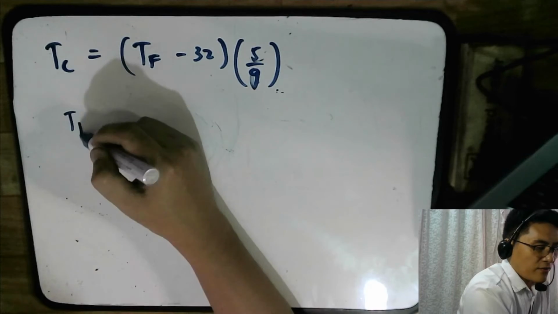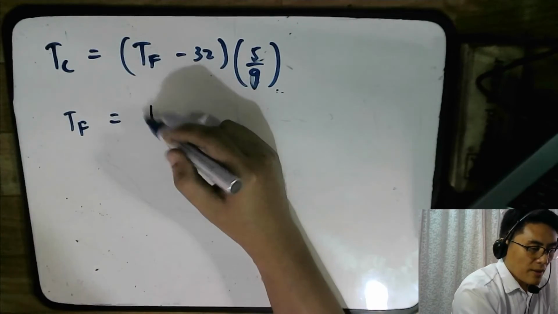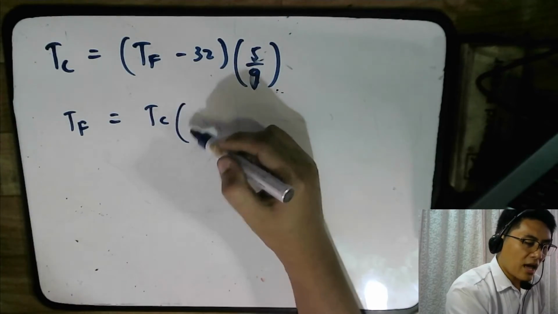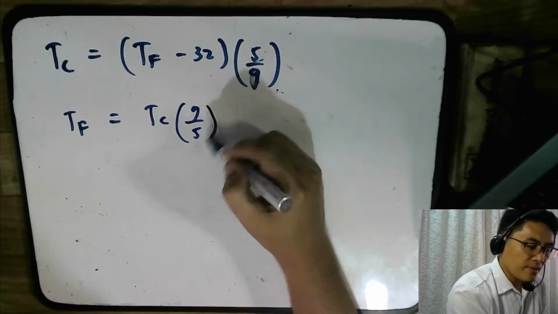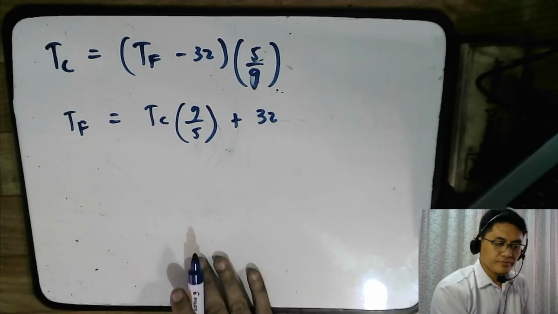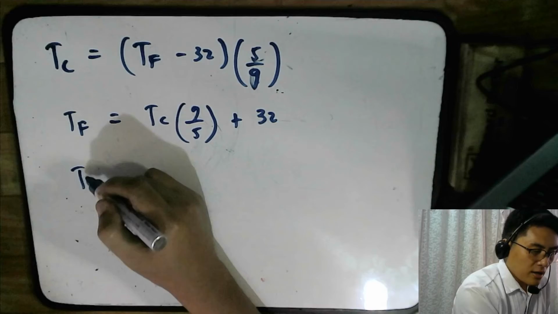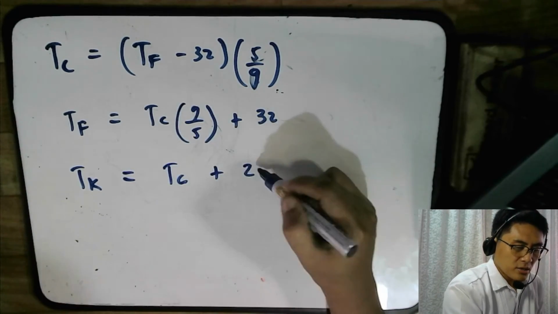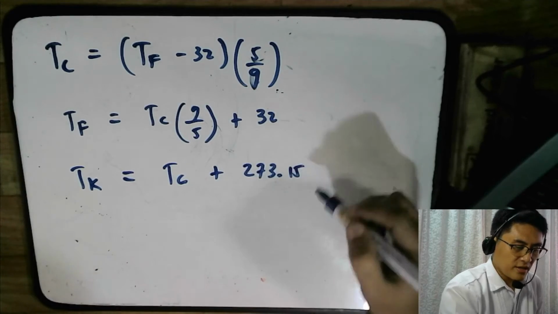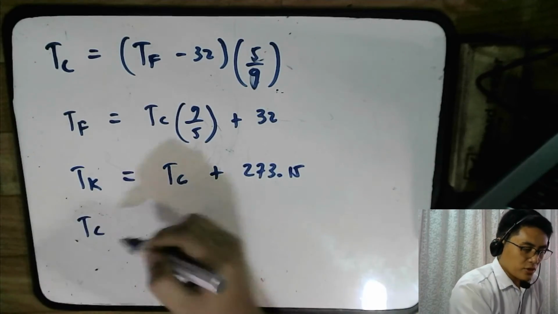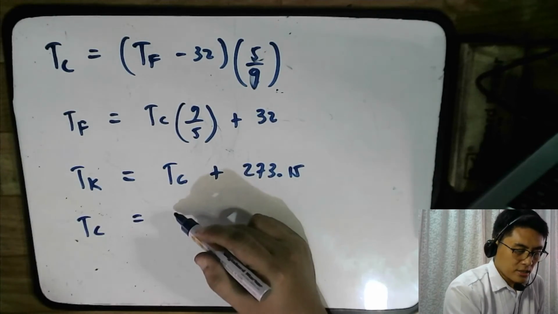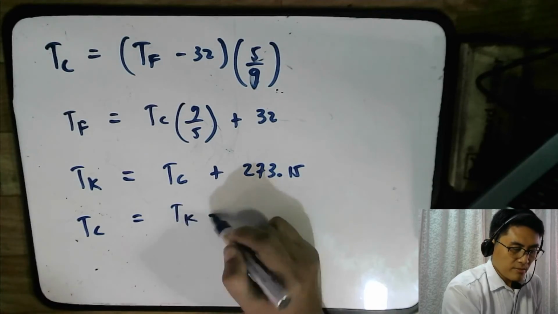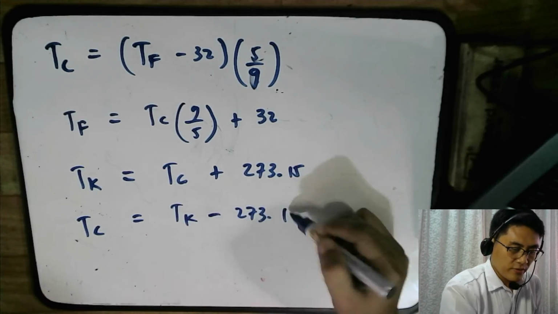And then to give the Fahrenheit, just gives you temperature in Celsius times 9 over 5 plus 32. And then to give the temperature in Kelvin, you just have temperature in Celsius plus 273.15. And then to get the temperature in Celsius, that's going to be temperature in Kelvin minus 273.15.